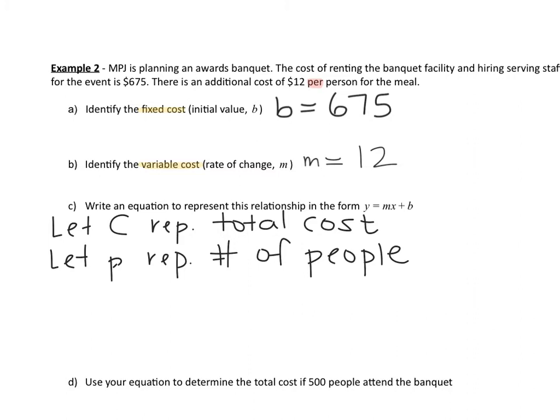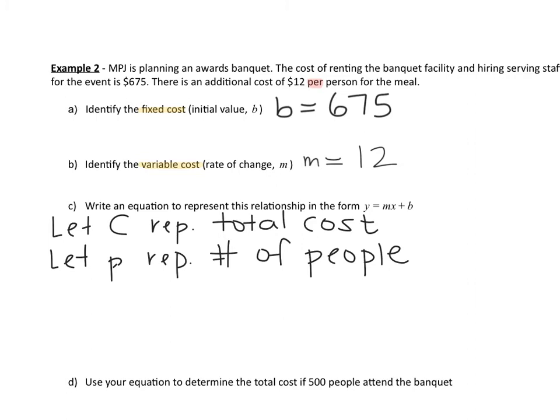So cost and people, or number of people, are the variables that I'm working with. So the total cost, C, is going to depend on the number of people that actually come to this party. The cost for 2 people is going to be much different than the total cost for 100 people. So C is going to be my dependent variable, and dependent variables are always plotted on the y-axis.